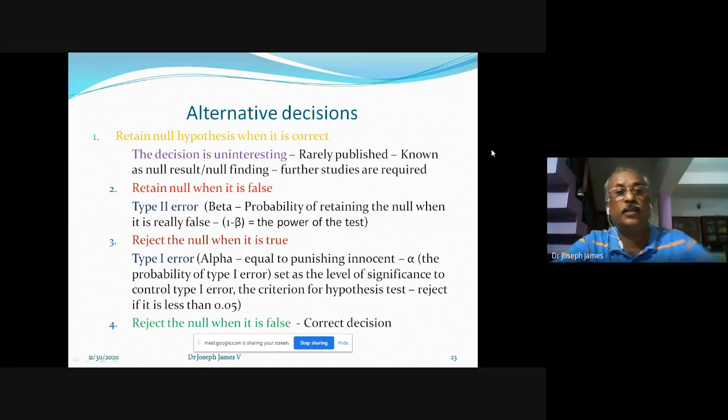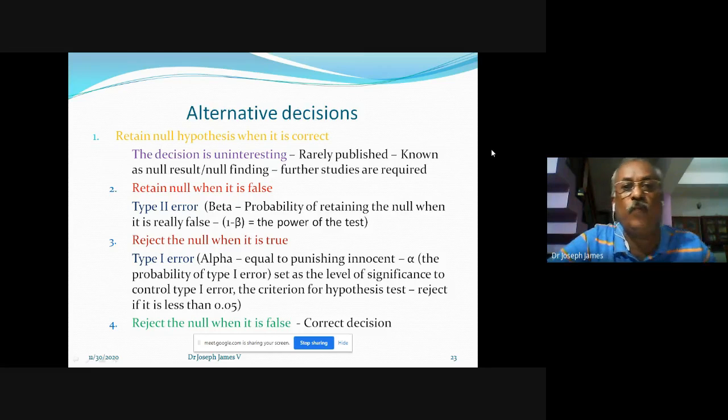This is known as a null result or null finding, and further studies are required in such a case. The first alternative decision is retaining the null hypothesis, or failing to reject the null hypothesis, when the null hypothesis is true or correct.